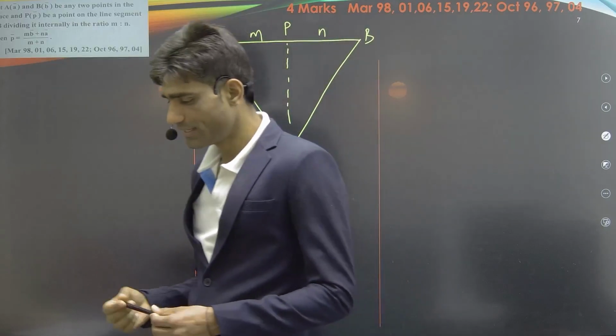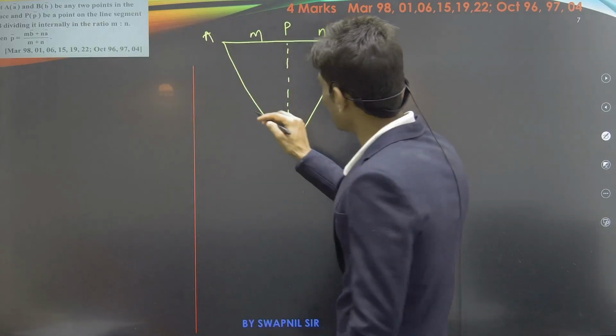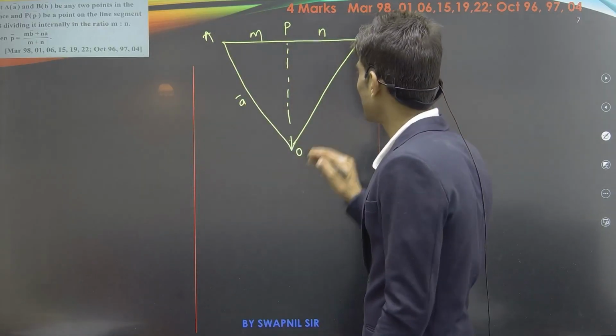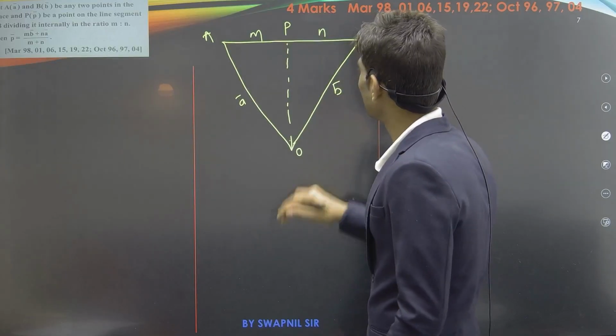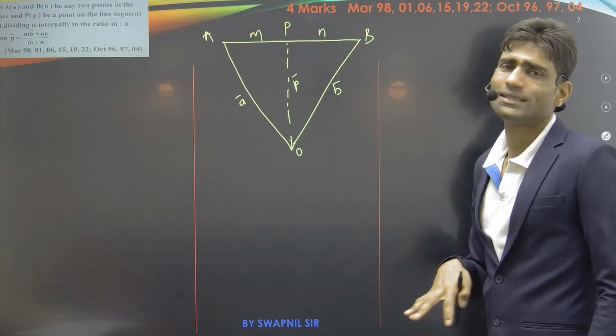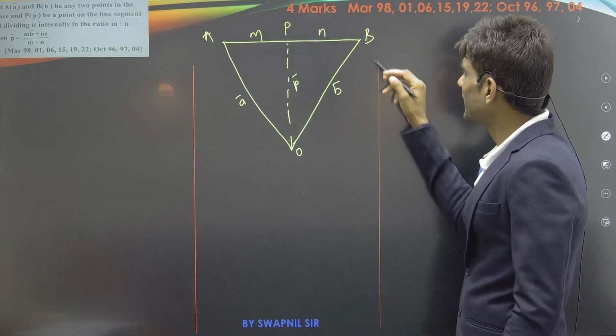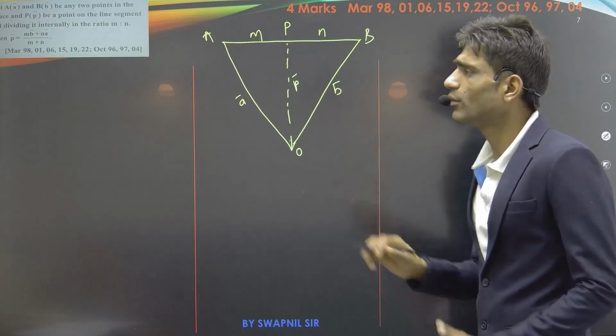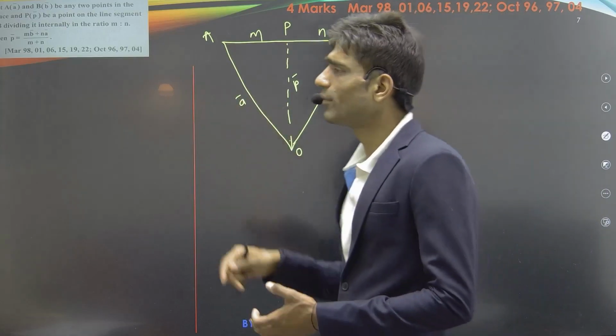This is the position vector a bar, this is the position vector b bar, and this is the position vector p bar. At every vertex we have a position vector.